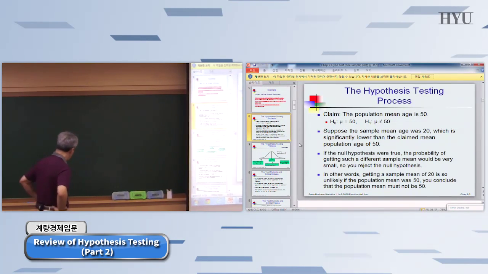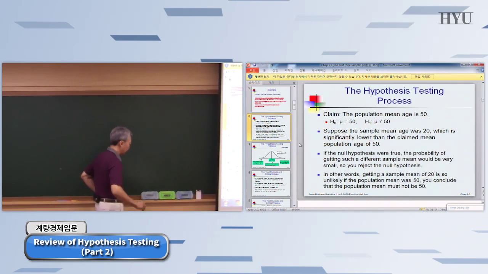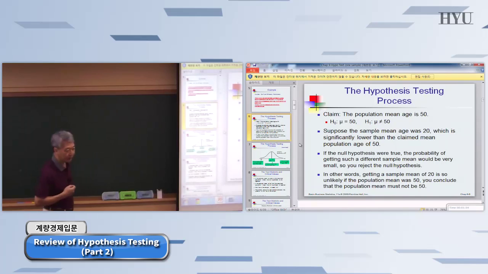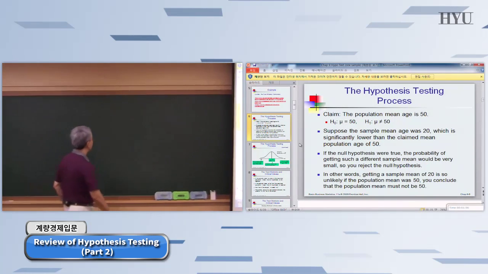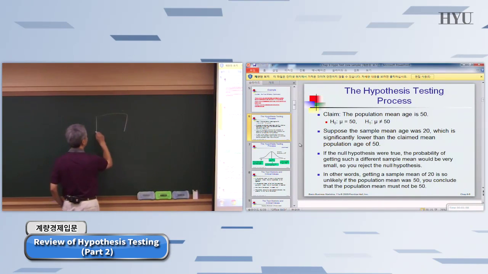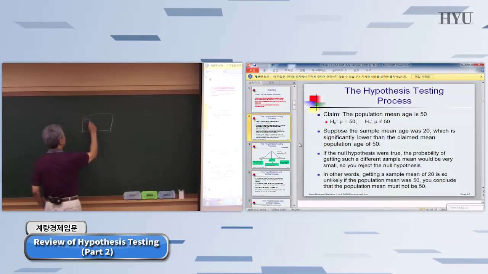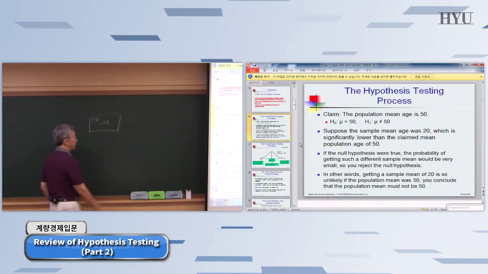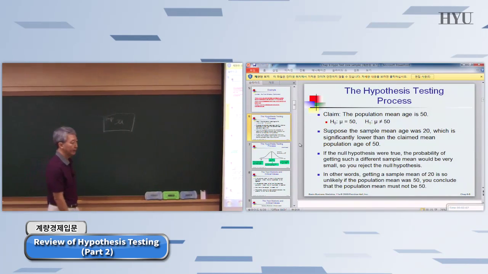Okay? And here I need to remind you guys of the concept of sampling distribution. So again, we have a population, okay? And there is an unknown parameter, probably the mean, the population mean.